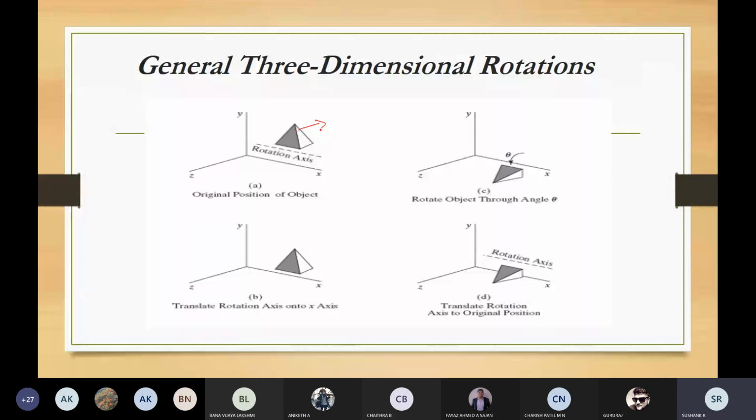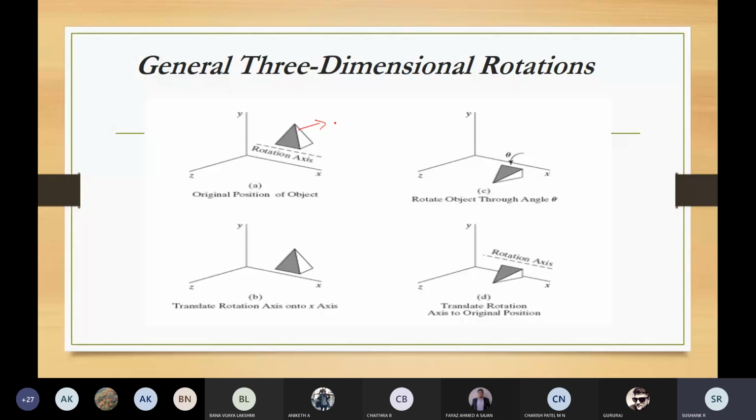You can perform the rotation for these kinds of objects by setting up a composite transformation, a combination of translation, rotation, like that. This is not aligned to any particular axis. So composite transformation can be a combination of translation, rotation, scaling.